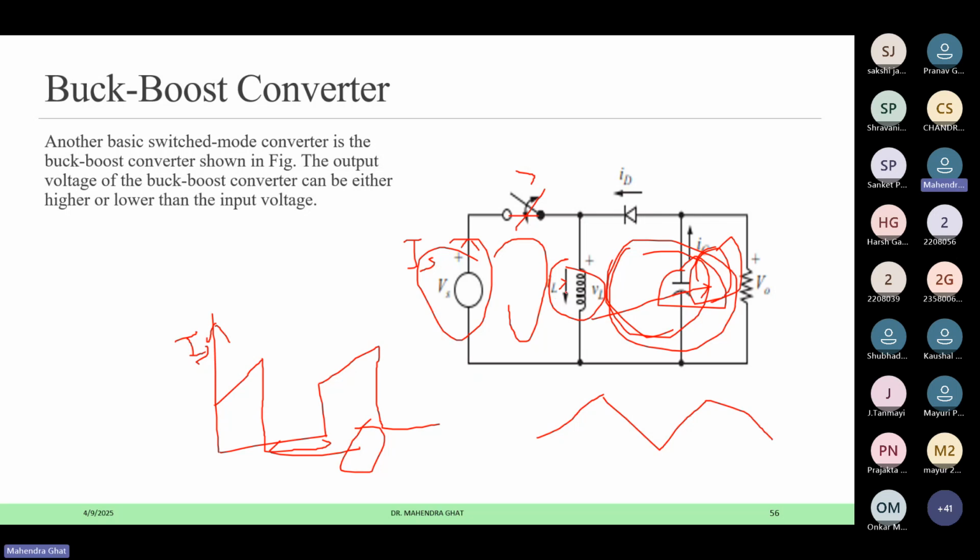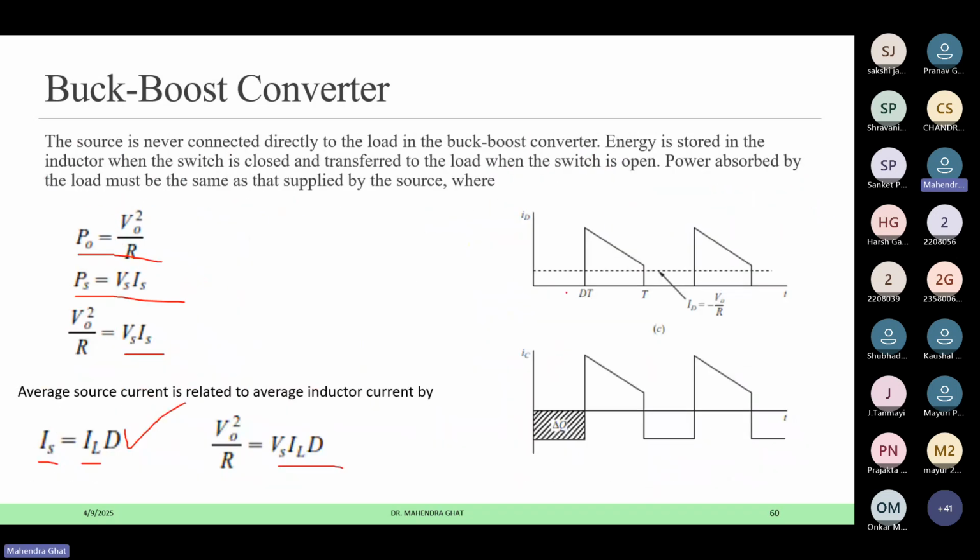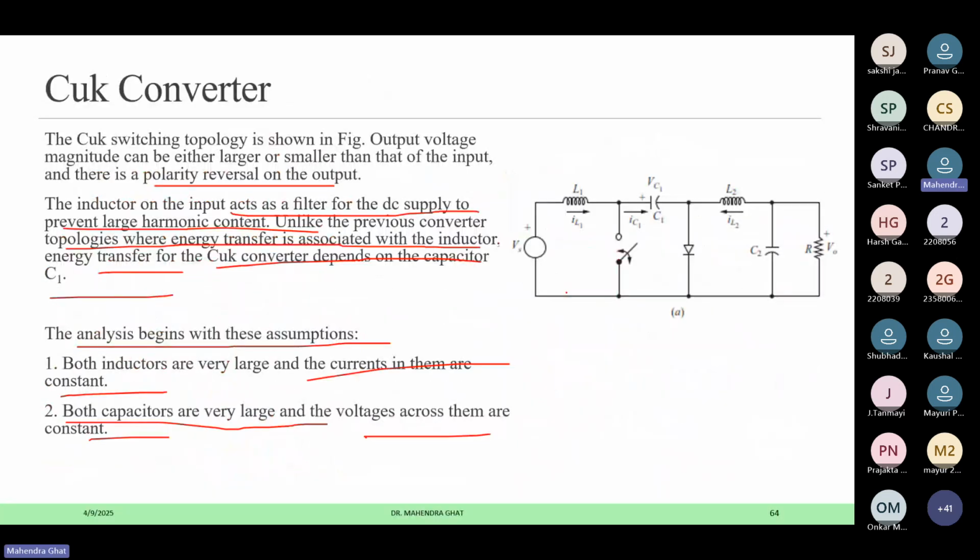With this, if we now go to the Cuk converter, what is happening here? Again we will consider the IS. When the switch is closed, the current is flowing in this direction, so rising current is flowing, and when the switch is open, the current is still flowing in this direction.